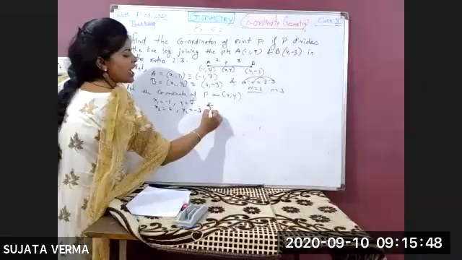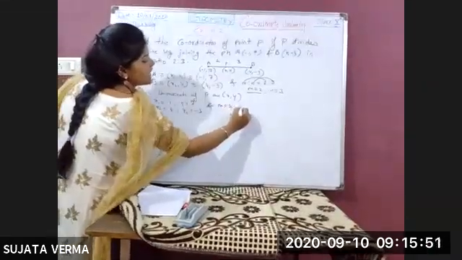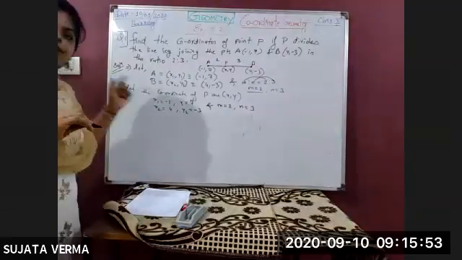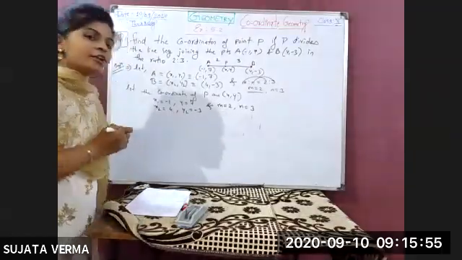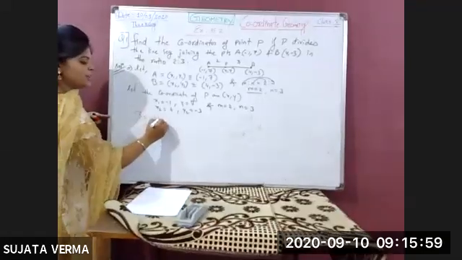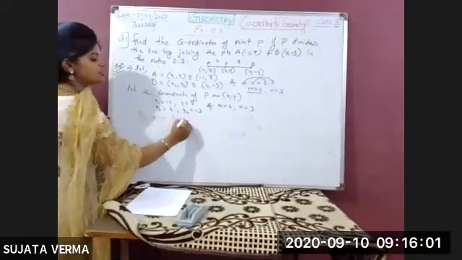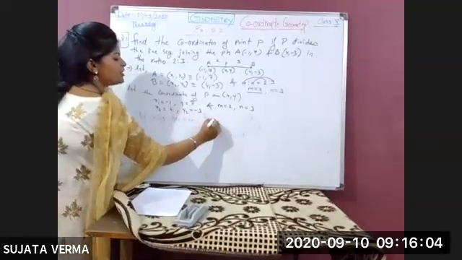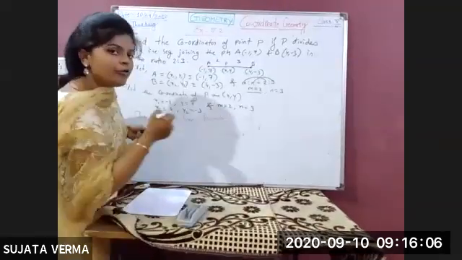And we also have the values of m and n. Then we apply the section formula.